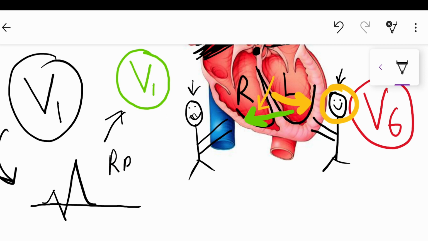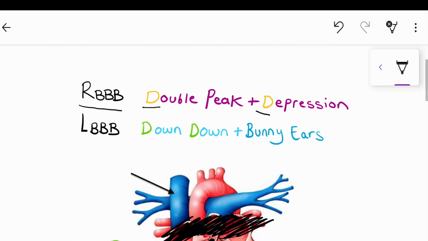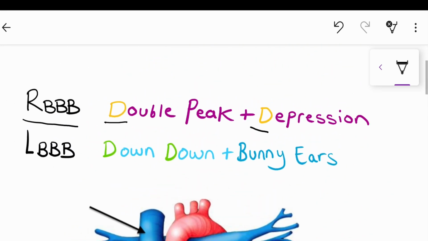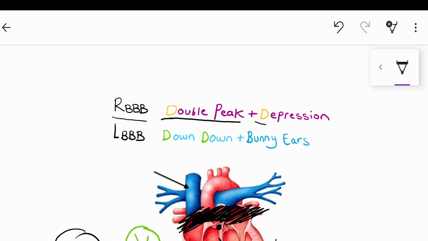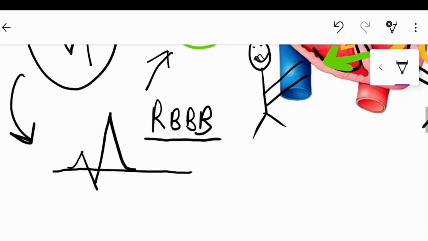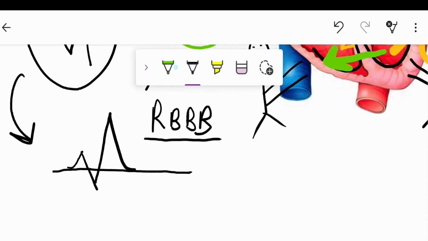Okay, now if you remembered my little wording I've put here to give you some perspective, what have I written here? Double peak. Can you see it?